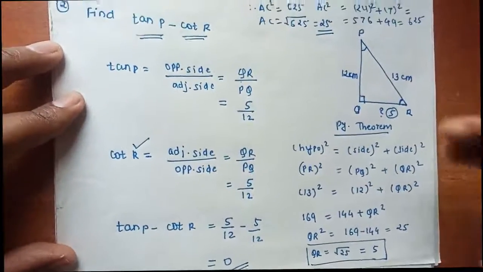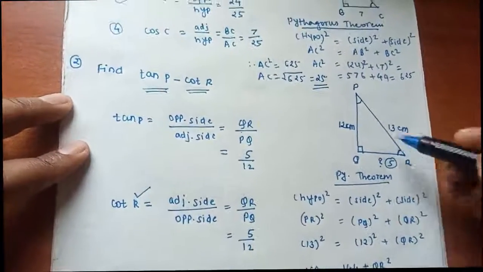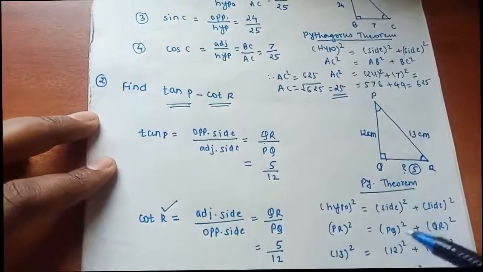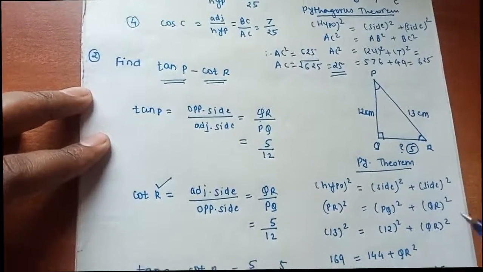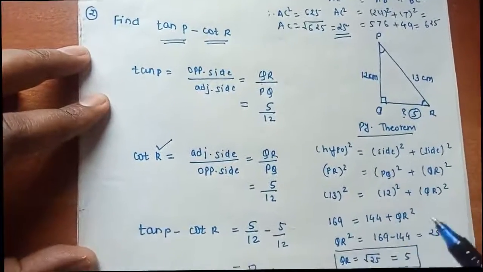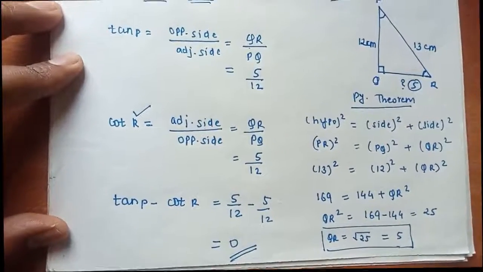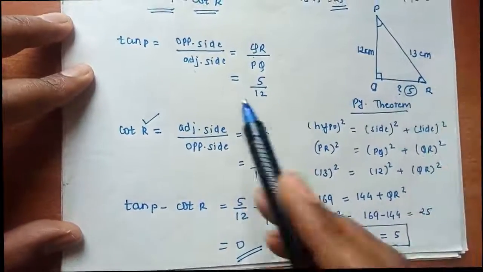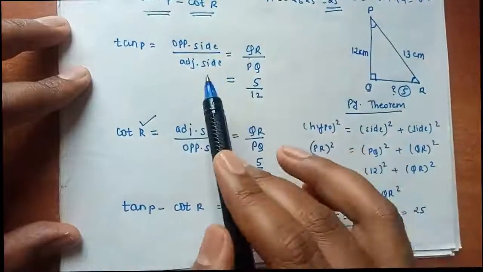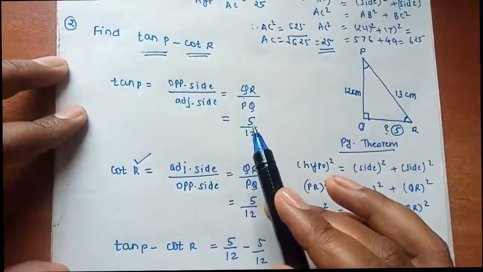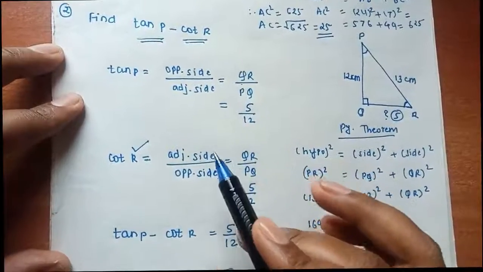First, if you don't know a side, then since it is a right angle triangle, you can use the Pythagoras theorem, or in some books they call it Pythagorean, which is the same. You can use the theorem to find the side you want. After finding all three sides of the triangle, just use the basic formulas. These basic formulas of all the six trigonometric ratios I have explained in the first slide.